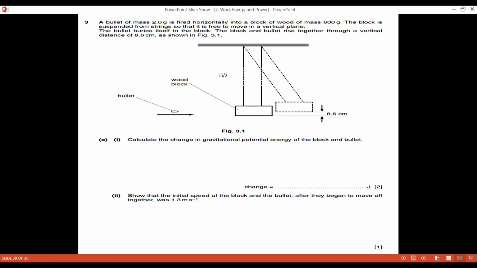The bullet is 2 grams, the wood is 600 grams, and as both rise, what is the gain in potential energy? It is mgh, with mass in kilograms and height in meters. So the gain in potential energy was 0.51.